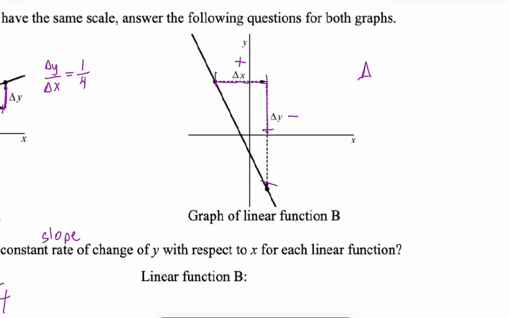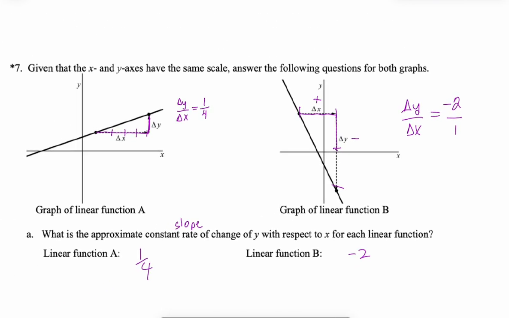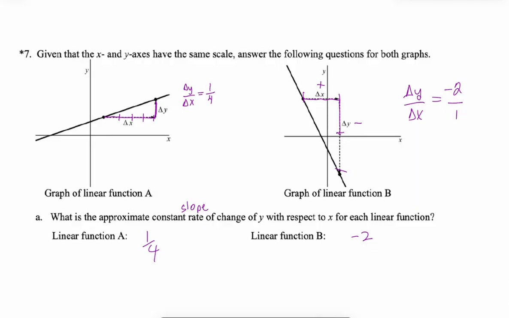So our delta y over delta x, the y is going down 2 units for every one that the x is going a positive 1 to the right. So our slope there is -2. So that's a little bit how you can approximate the slope, even if you don't have units. As long as they're counted by the same thing, then you can guesstimate.